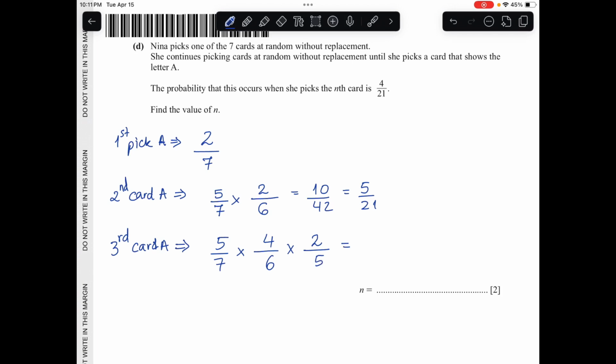Let's work this out. I think it's equal to 4 out of 21. So what does that mean? It means that she picked the card with letter A on her third pick. So the value of n is equal to 3.